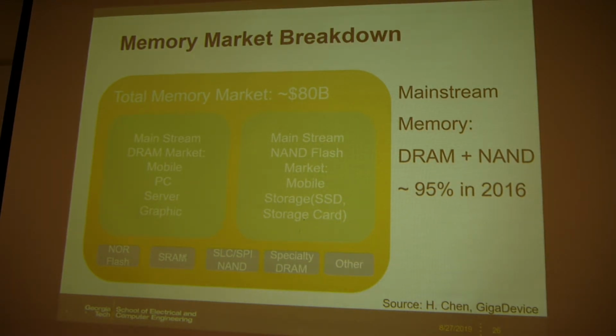There are some niche applications, even standalone SRAM, but this is not a big market, or standalone NOR flash. So really this 80 billion means the DRAM and the NAND flash, because those two combined will be 95% of the 80 billion.